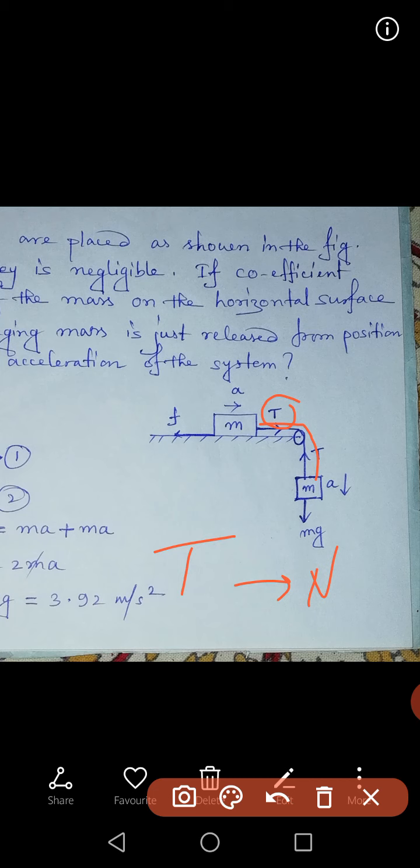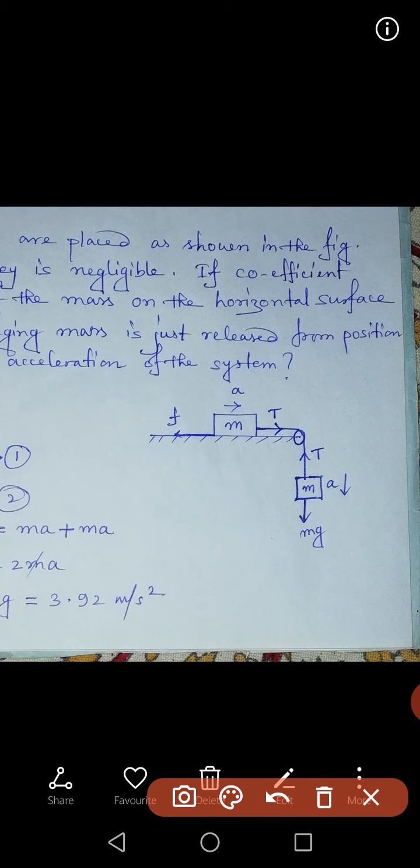Another thing you will remember here is that the direction of tension at any part of the string is always away from the object attached to it. That means if we consider this part of the string, the object attached is this one, then the tension will be away from the object, not towards the object.